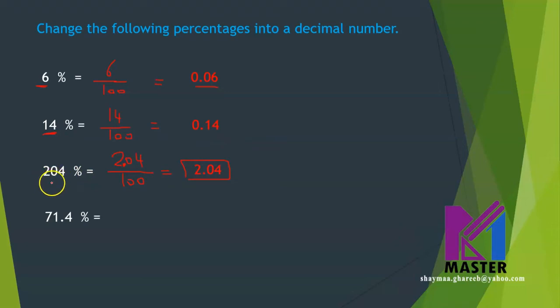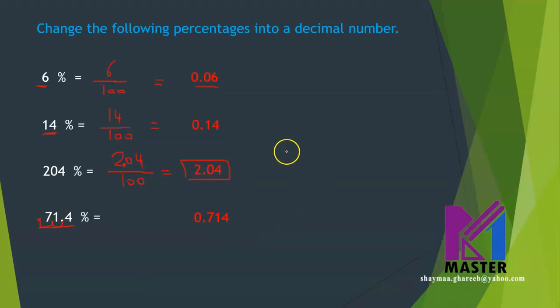If you divide the 204 by 100, you will get 2.04. If I want to divide this number by 100, when we divide, the number is getting smaller by 2 places because I'm dividing by 100, which means the decimal point will move 2 places to the left.